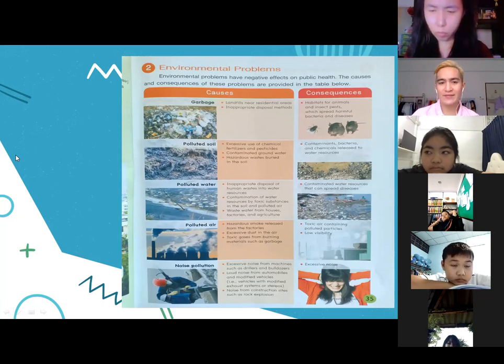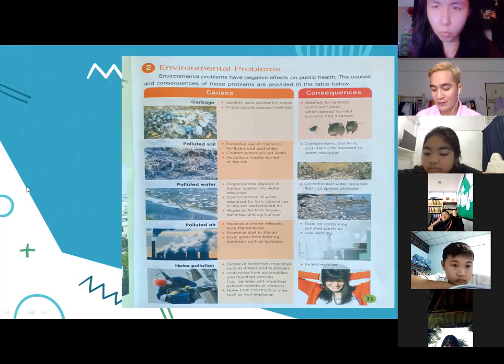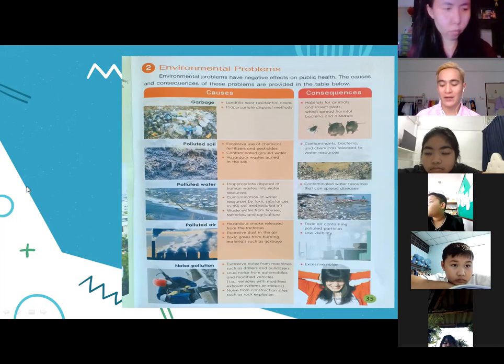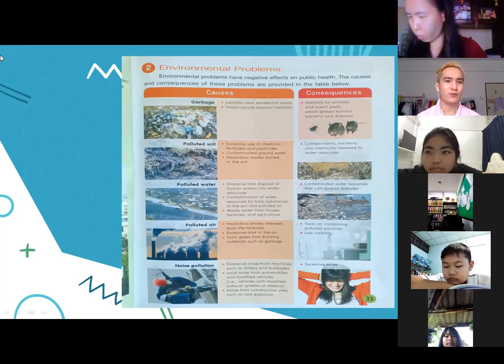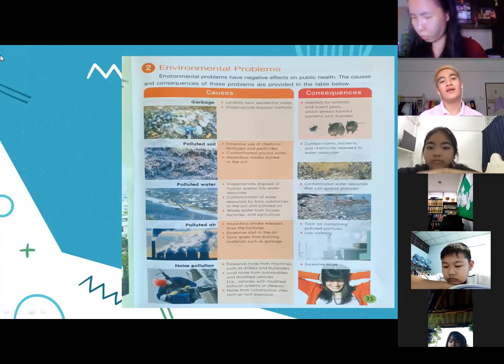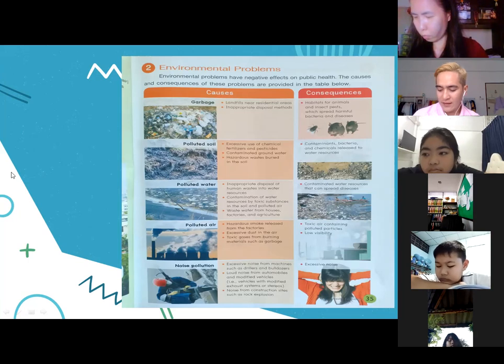Okay, so let's look at the consequences. Contaminants, bacteria, and chemicals released to water resources. As you can see, we have a lot of news about contaminated water in the world, not just here in Thailand, but in the whole world. This is the consequence of excessive use of chemicals.